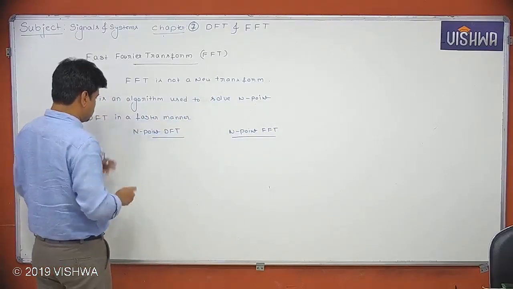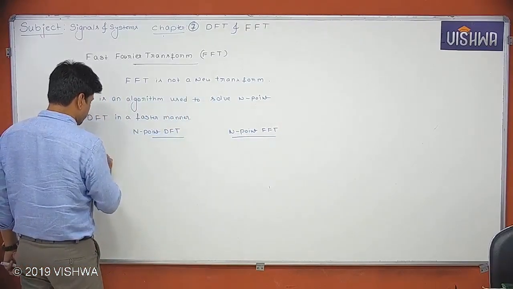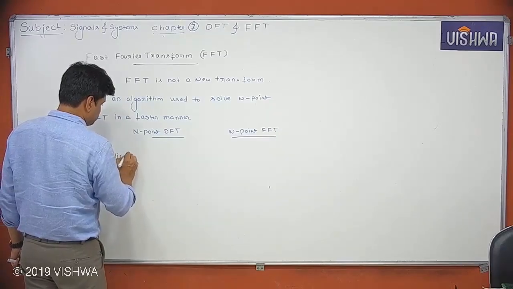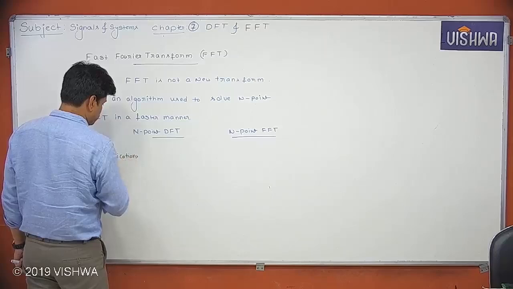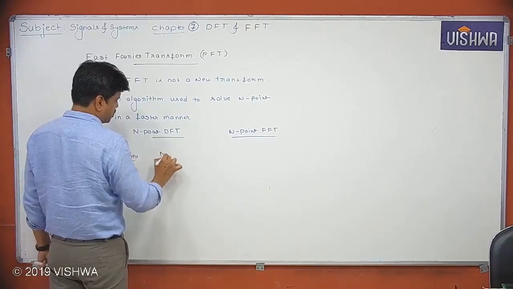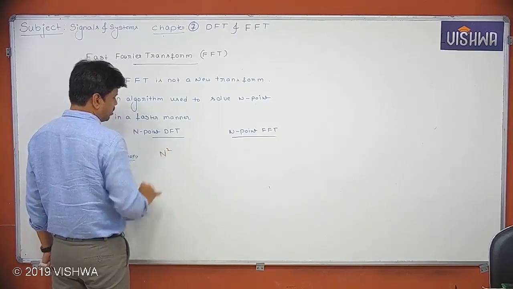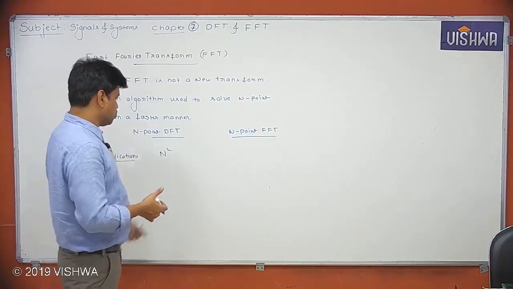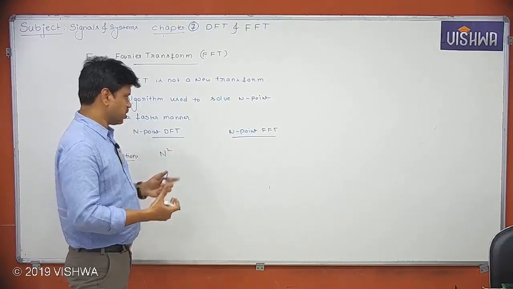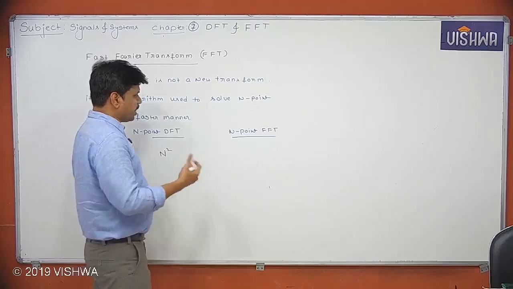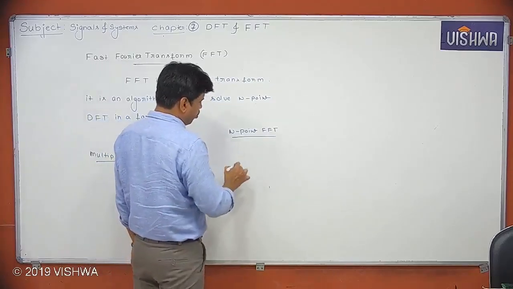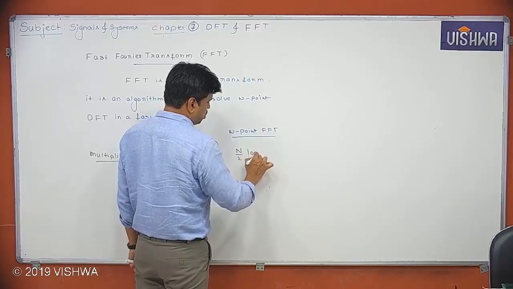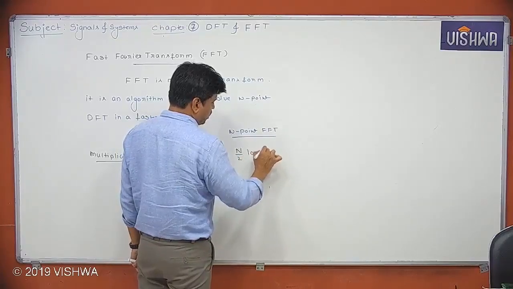How many multiplications does it require? N square multiplications are required to solve N-point DFT. We are not seeing how it becomes N square, just remember this. Whereas N-point FFT takes N by 2 log base 2 N multiplications.